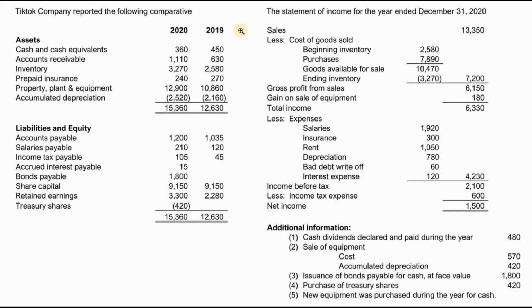So TikTok company reported the following comparative statement of financial position. We have a statement of financial position as of December 31, 2020 and 2019. Then we have a statement of income for the year ended December 31, 2020. So our net income is 1,500 pesos.